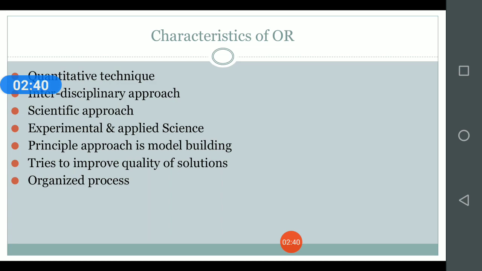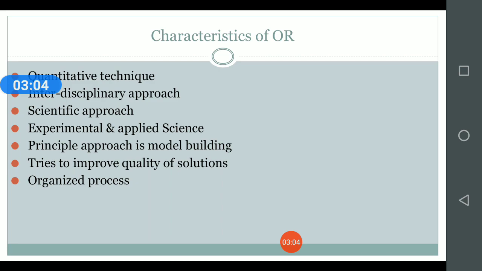It is useful whether we talk about financial analysis, market surveys, or HR requirements. It may be used in the banking system, in production systems, everywhere.